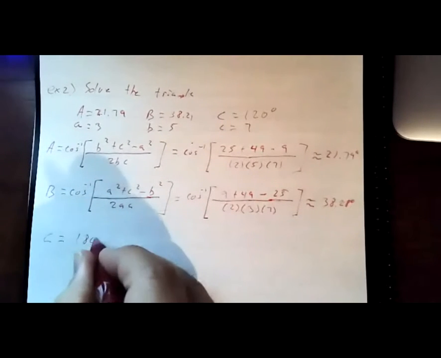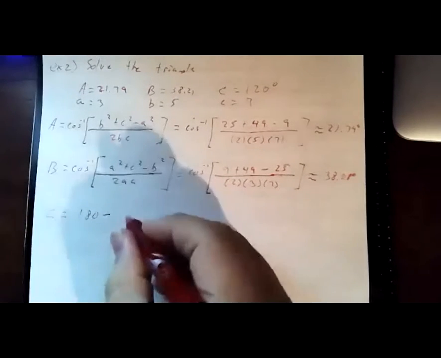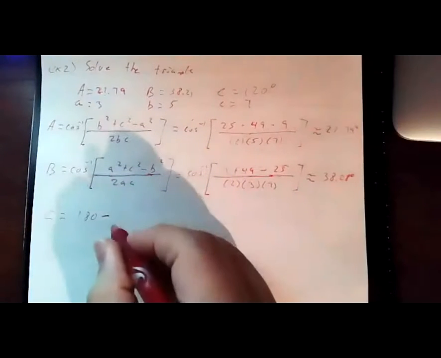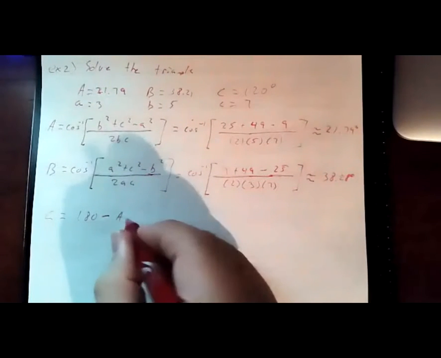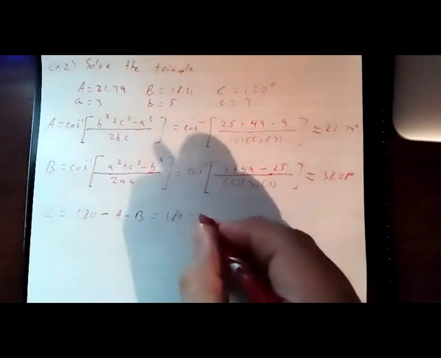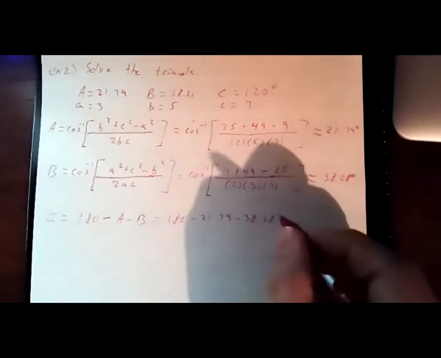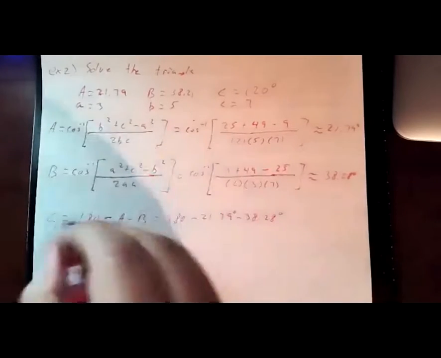One more time, how did you get C? Like this. You take 180 and you subtract all the other angles. So you subtract A and B from it, which would be 180 minus 21.79 minus 38.21 degrees.